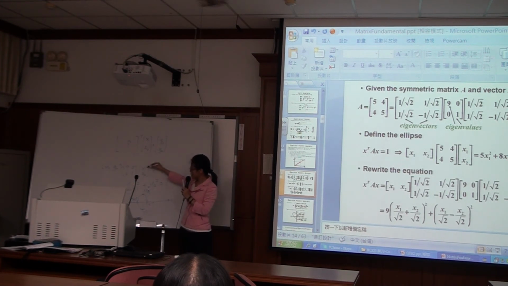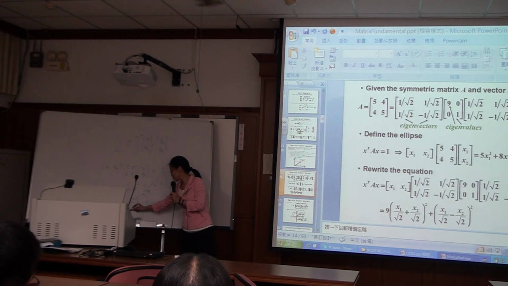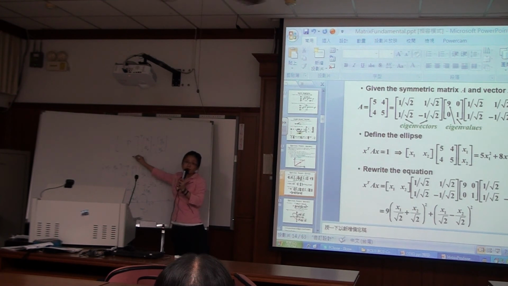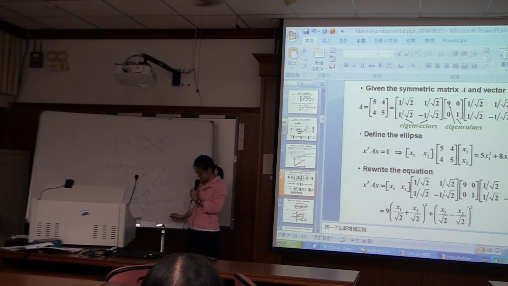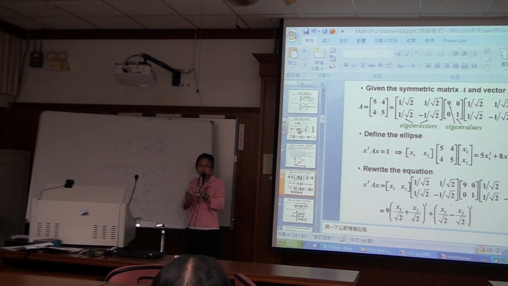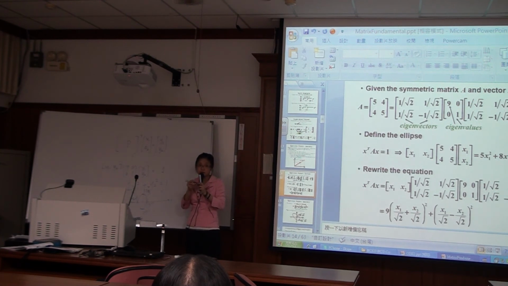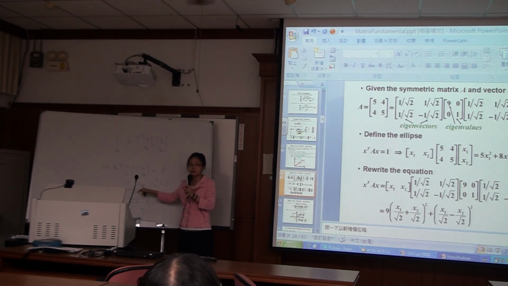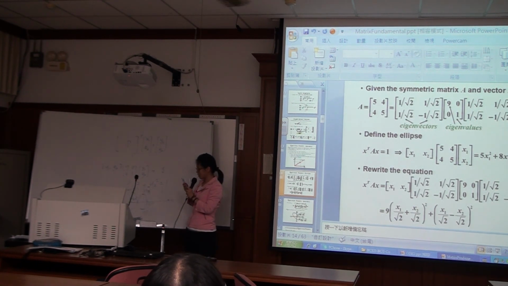If we want to transform that back to x1 and x2, we make a rotation, which is what P is doing for us. When P is an orthogonal matrix, it's a rotation matrix. Then we can visualize the ellipse in our original coordinates, x1 and x2.